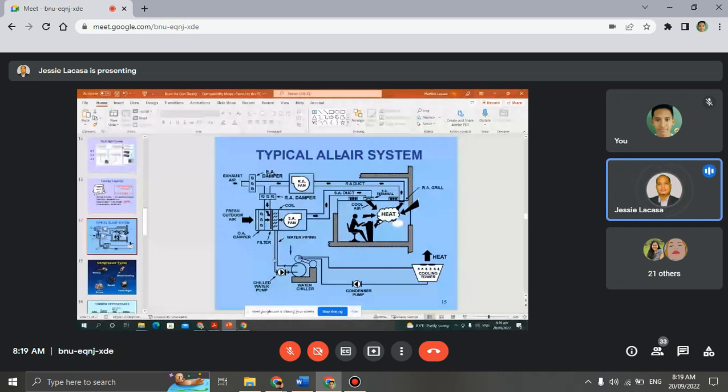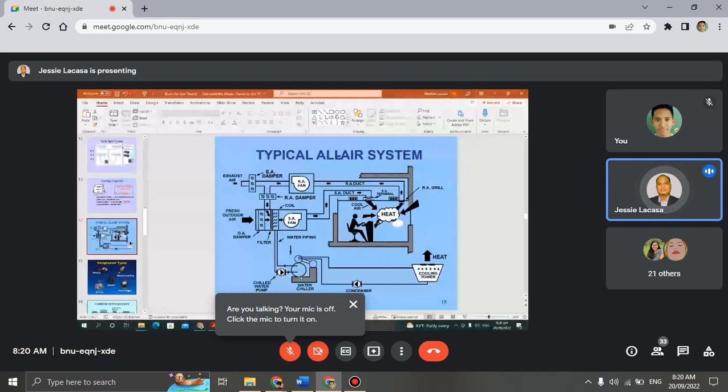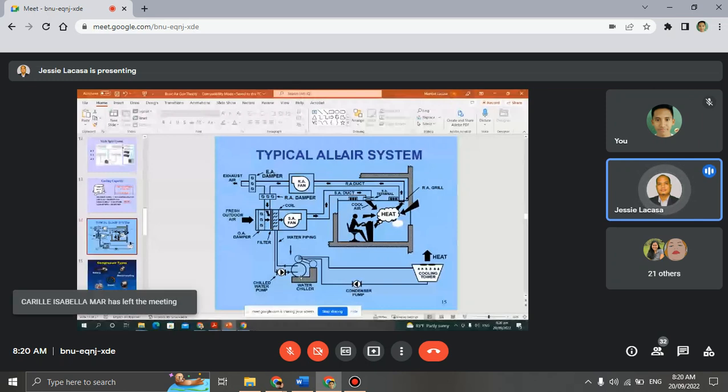The heat from this water is absorbed by the evaporator. What comes out is cold chilled water, since it exchanged heat at the evaporator. This cold water you then send to the cooling coil of your air handling unit.